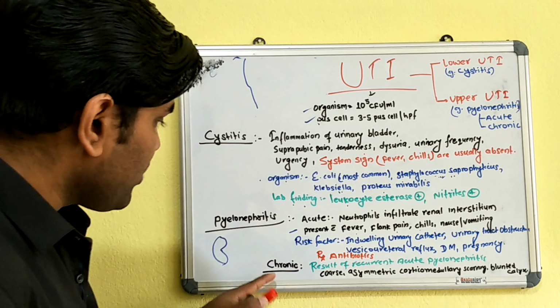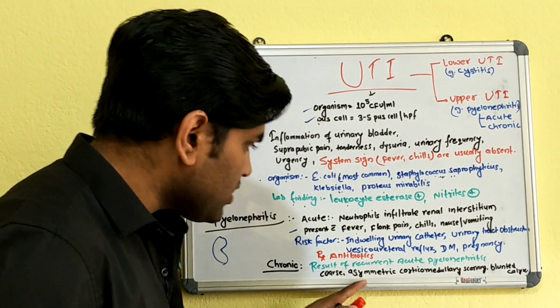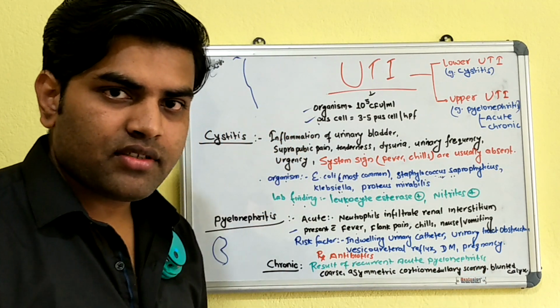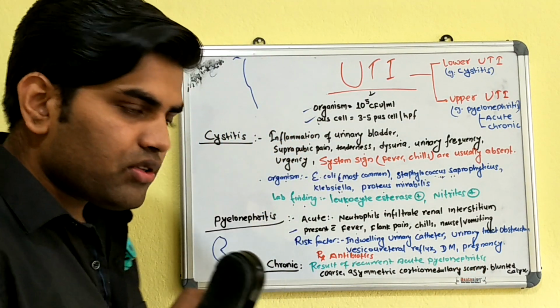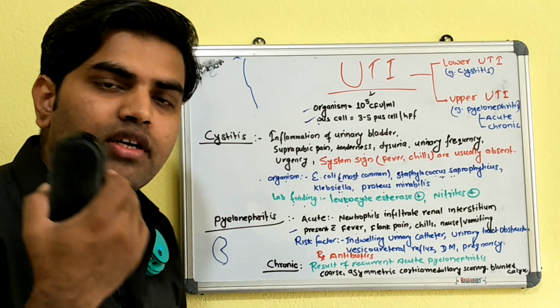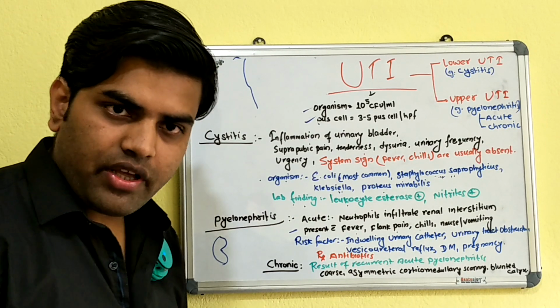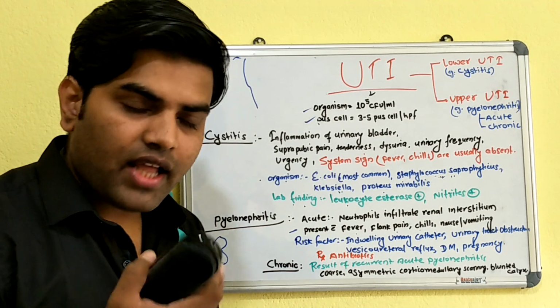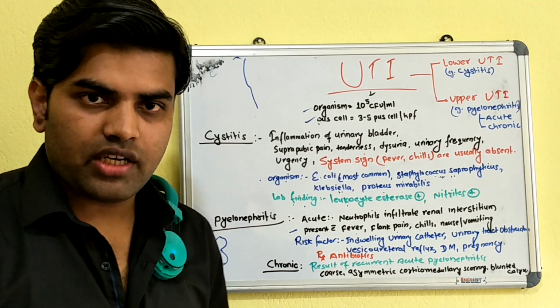What are the findings? You will find coarse, asymmetric corticomedullary scarring and blunted calyx. If you examine the tubules, you will find eosinophilic casts in the shape of thyroid tissue, known as thyroidization of the kidney.